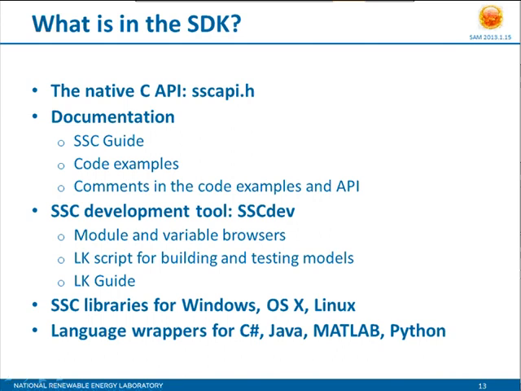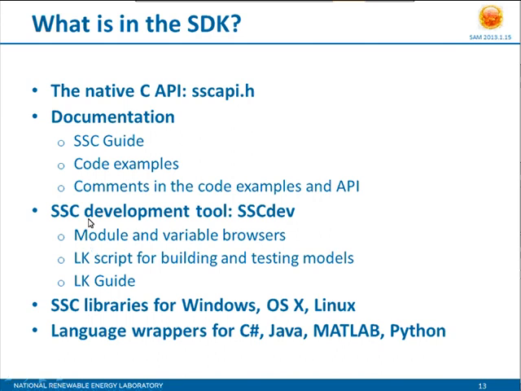There's the SSC guide, which is a PDF file that describes the SDK. And then there's a set of code examples and comments in the code examples that are all part of the documentation. And there's also some README files in there. So the documentation comes in different parts of the SDK.